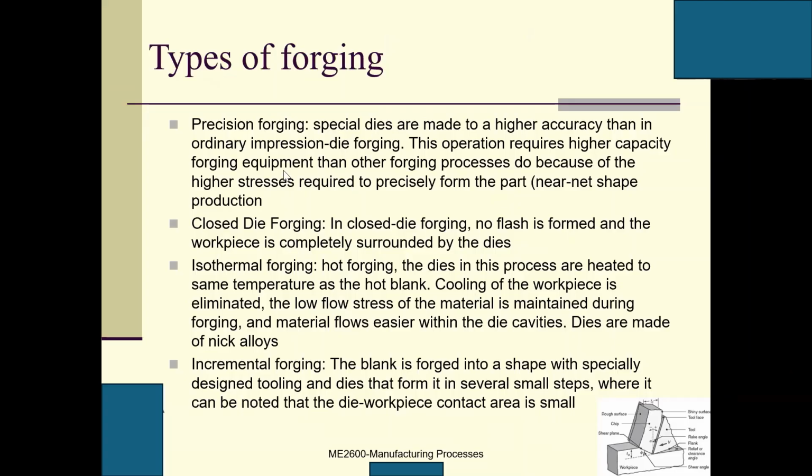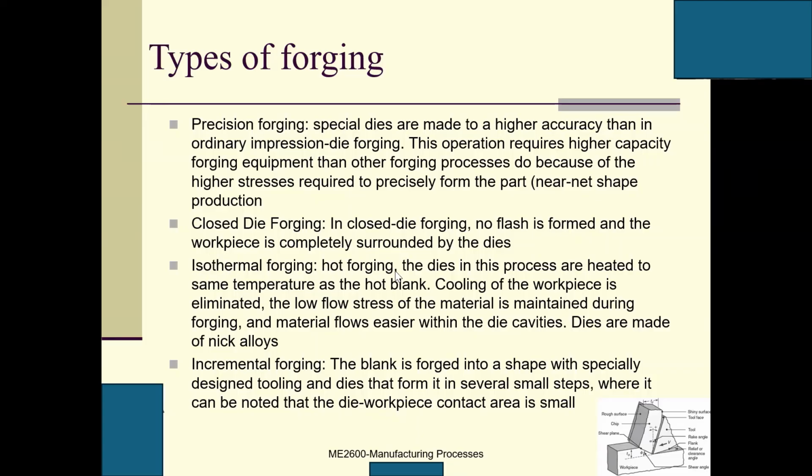For the types of forging, we have precision forging, closed die forging, isothermal forging, and incremental forging. We actually have four. This is precision forging: special dies are made to a higher accuracy. And this is closed die forging: no flash is formed, it's closed. And isothermal forging: isothermal means the temperature remains the same.